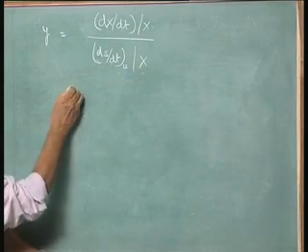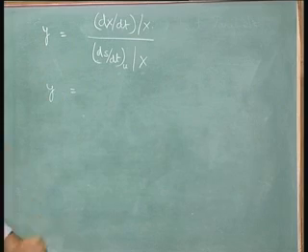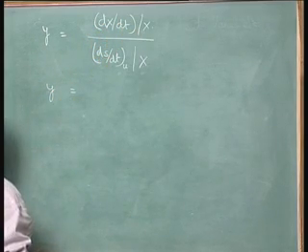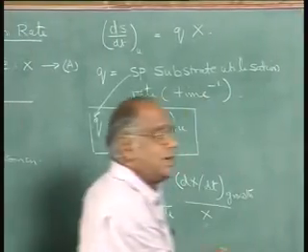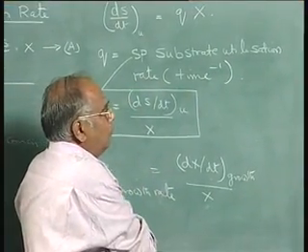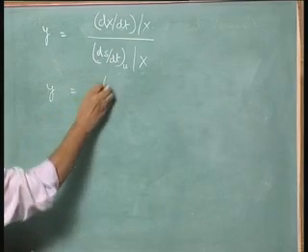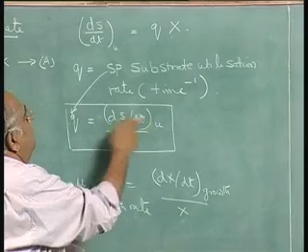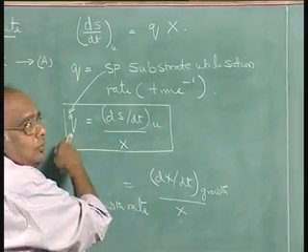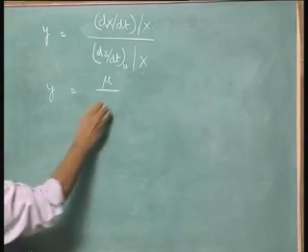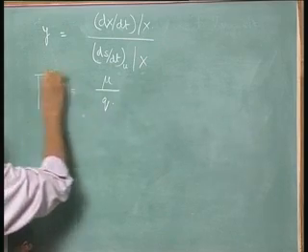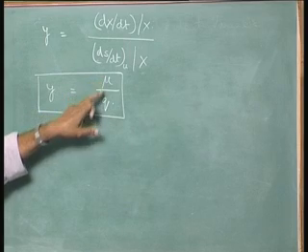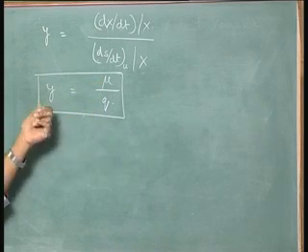So when I do so, what would happen? Y is equal to this dX by dt over X, which is equal to mu, and this particular thing dS by dt utilized over X is equal to Q. So this is the relationship between specific growth rate, specific substrate utilization rate and the yield coefficient.